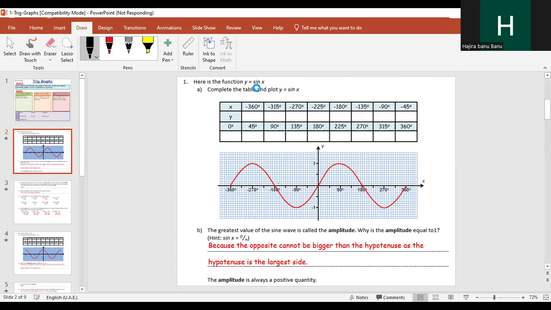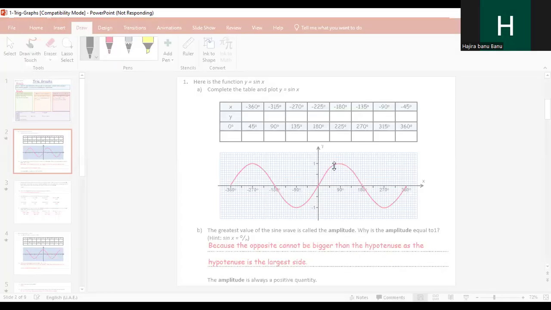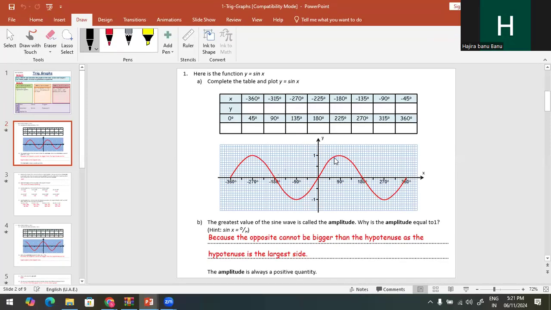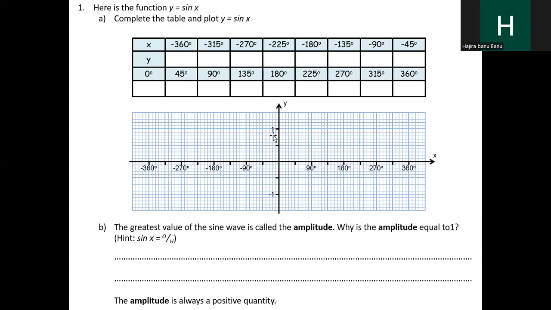If you see, for 90, what will be the maximum value of the sine graph? The maximum value of the sine graph will be 1.